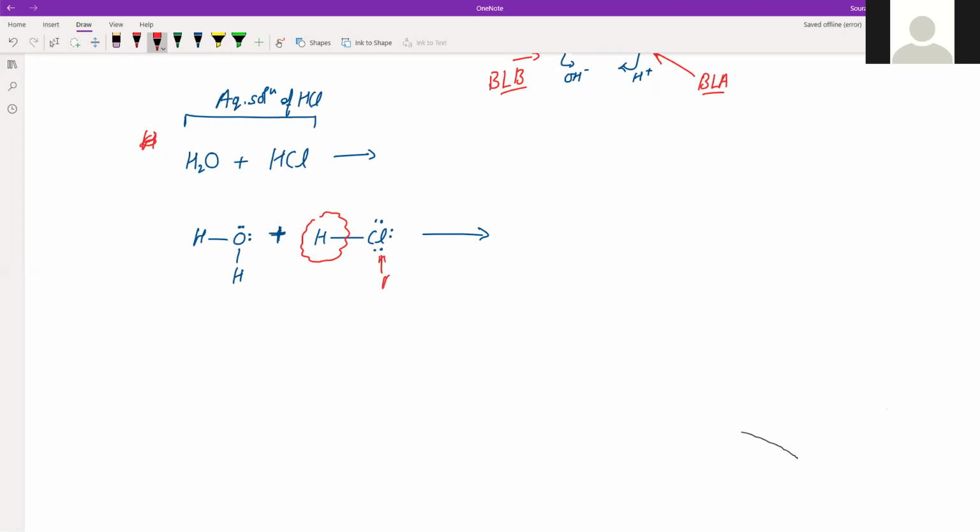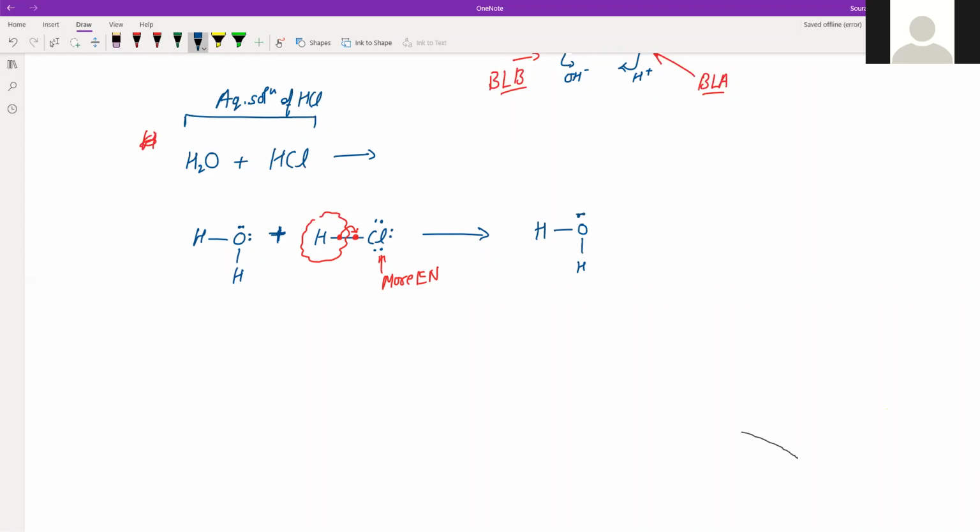Because Cl is more electronegative. So because chlorine is more electronegative, the shared electron is pulled towards it. And when it is pulled towards it, H loses an electron. And what we will have after that is this H, which is actually H plus, that comes here.